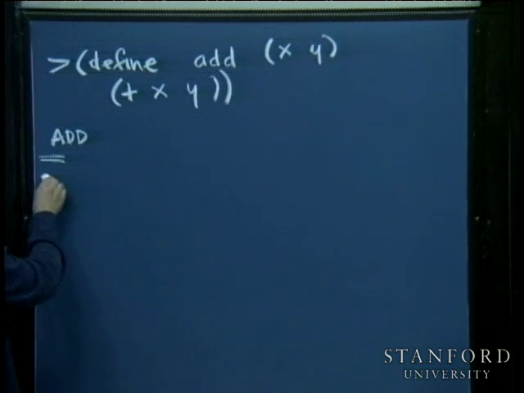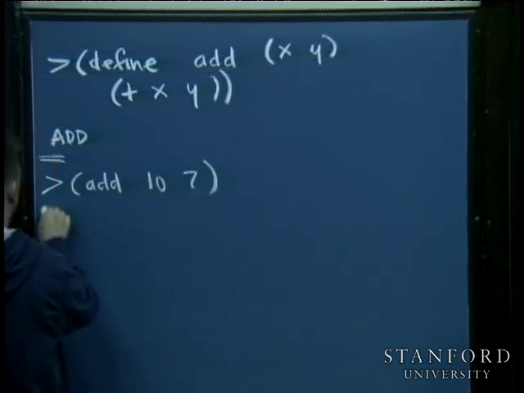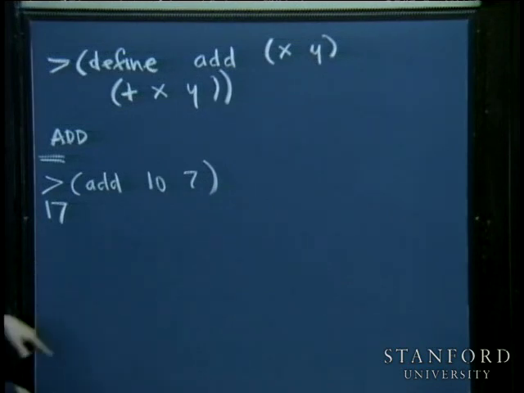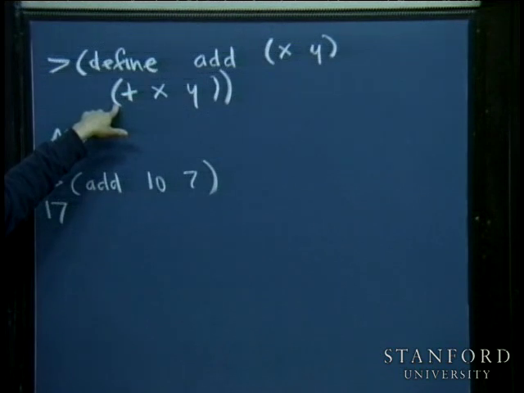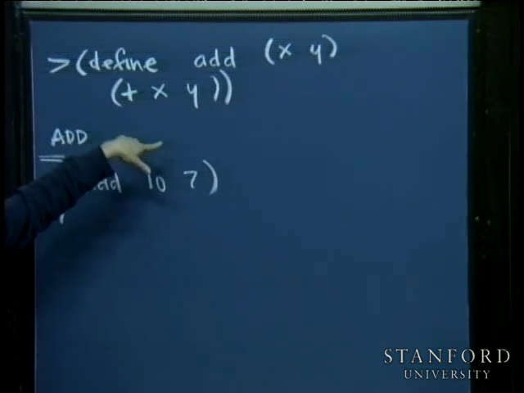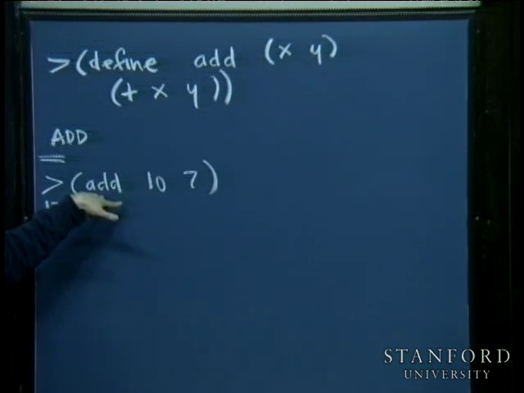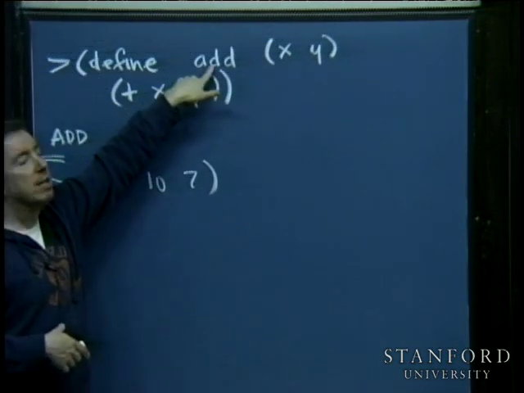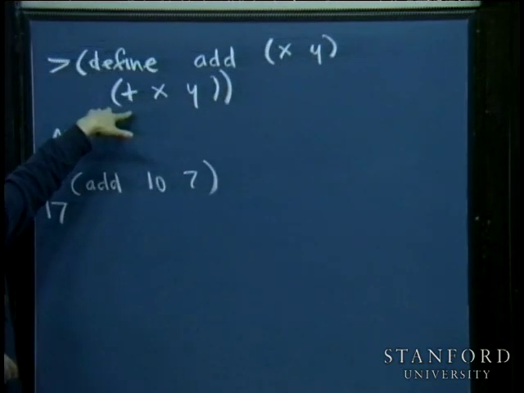So when I do this, add 10 and 7, it comes back with a 17 because it somehow knew how to take this 10 and the 7, crawl this list right here to figure out how to deal with the 10 and the 7 that were passed in, and whatever it evaluates to is what add evaluates to. So it's like you equate this symbol parameterized by these two arguments with this Scheme expression.